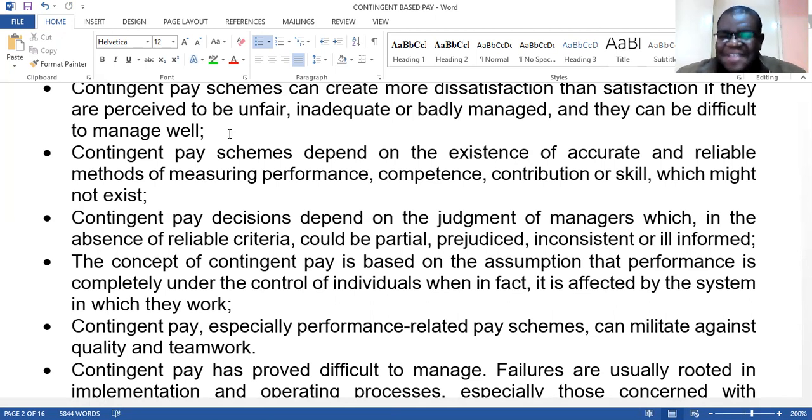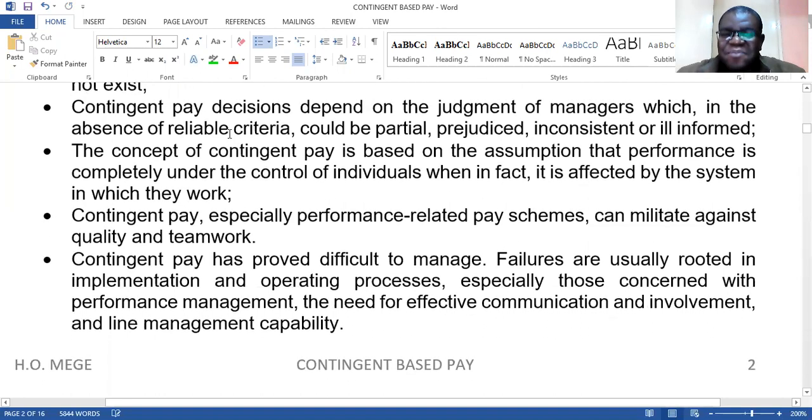When such happens, these are some of the arguments that are advanced against the rollout of individual-based contingency schemes. That managers are, for the most part, perceived to be unfair in judgment, so that they are impartial, they are prejudiced, they are inconsistent, they are ill-informed in evaluating, in assessing performance, for example, and then using that result to be the basis for rewarding.